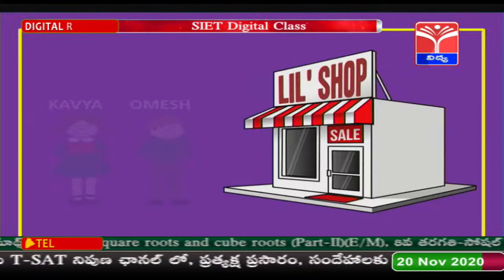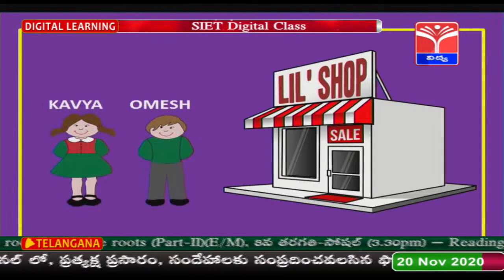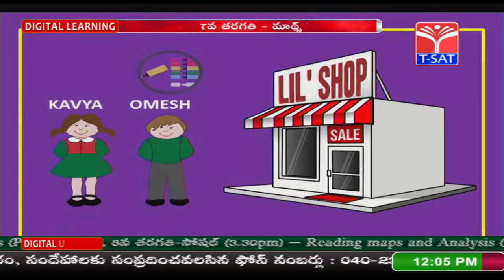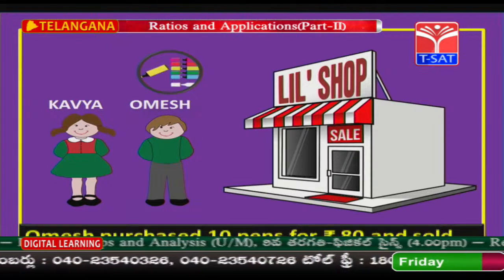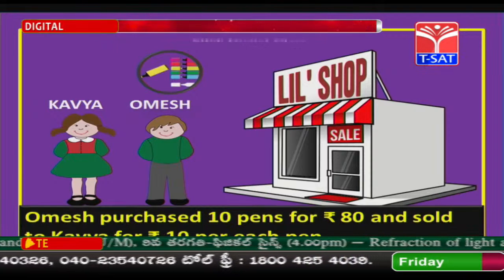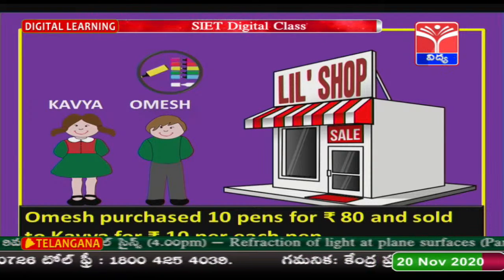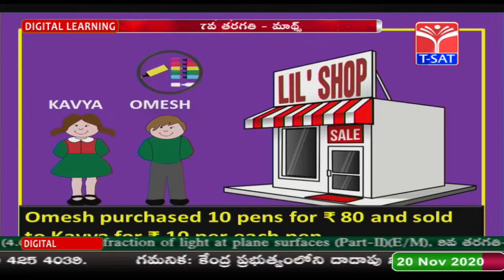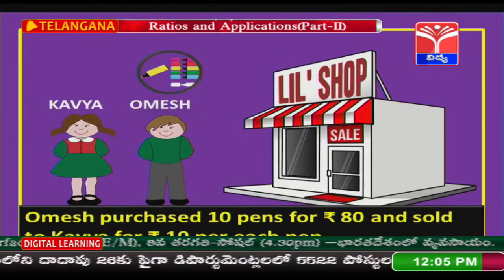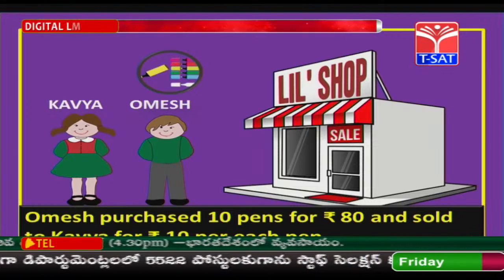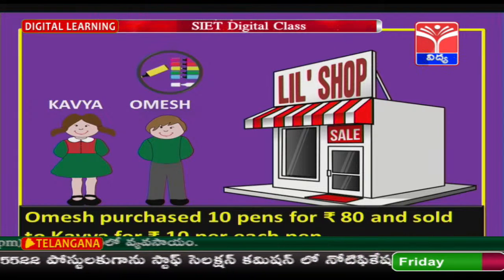Now, let us consider a scenario. Umesh purchased some pens in a stationery shop and the cost of 10 pens is 80 rupees. And what Umesh did? Yes, he sold those pens to Kavya at the rate of 10 rupees per each pen.